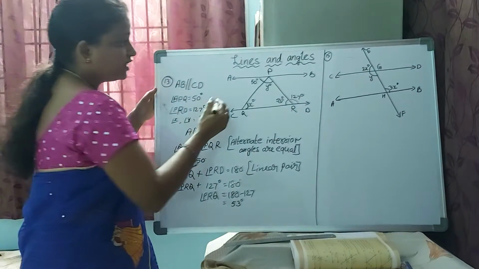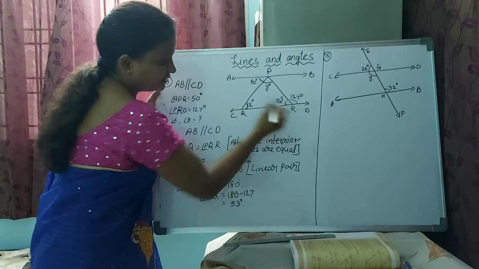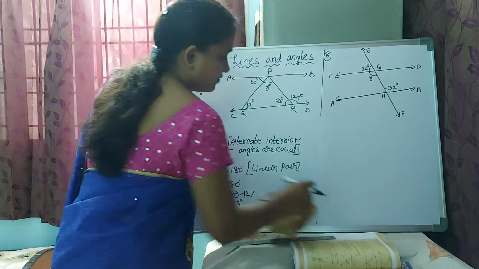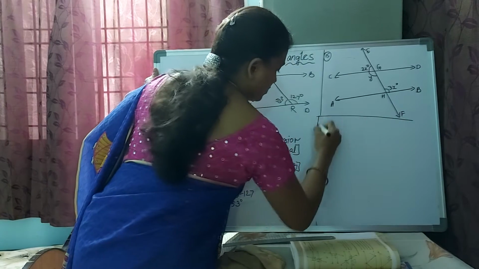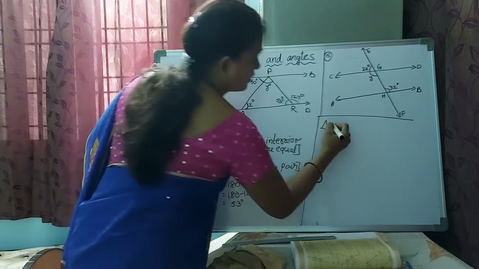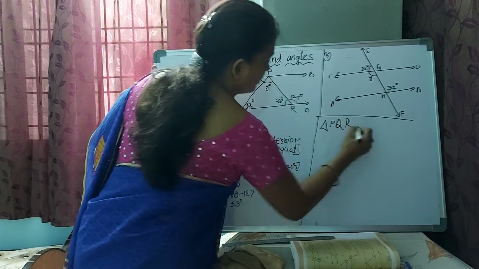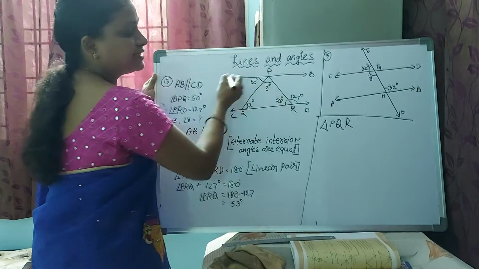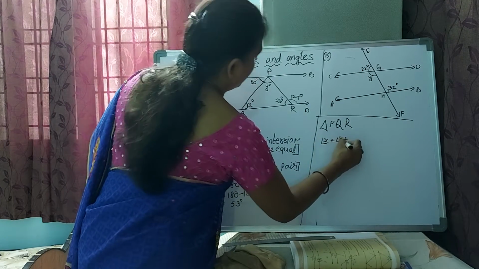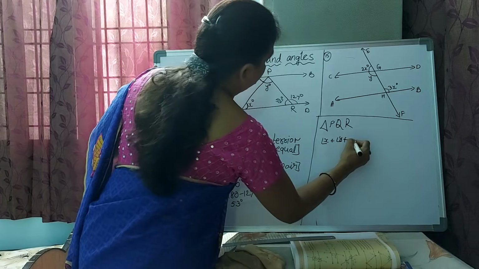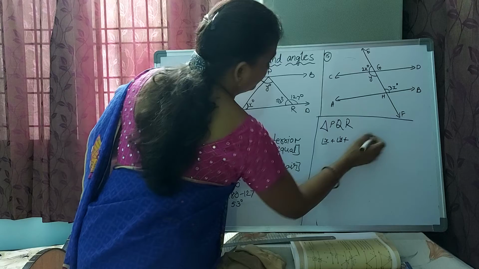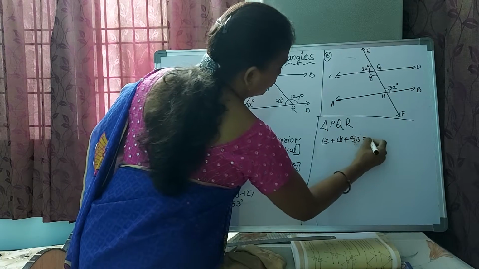Now observe this triangle PQR. The sum of the three angles, angle X plus angle Y plus this angle R, 53 degrees, is equal to 180.